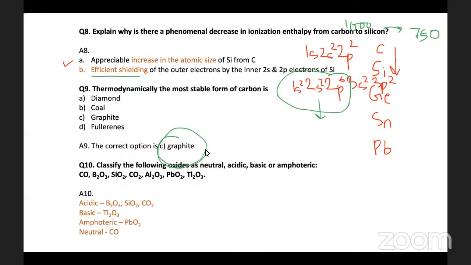The next question is classifying the following oxides as neutral, acidic, basic, or amphoteric. Neutral means it is not affected by acid or base. Acidic means it reacts with base.